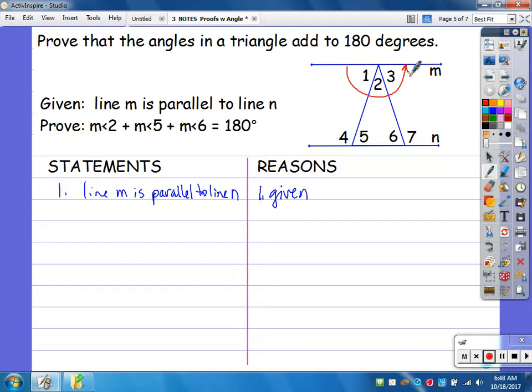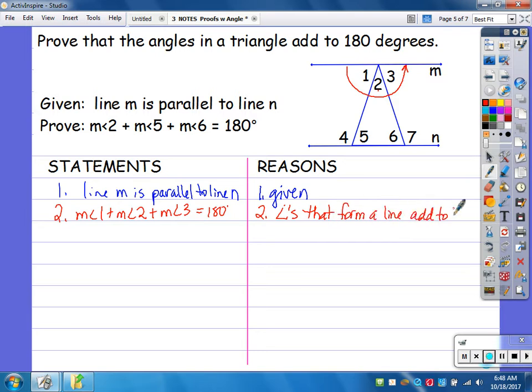So my statement is going to be that the measure of angle 1 plus the measure of angle 2 plus the measure of angle 3 equals 180. And my reason, again, is that angles that form a line add to 180 degrees.